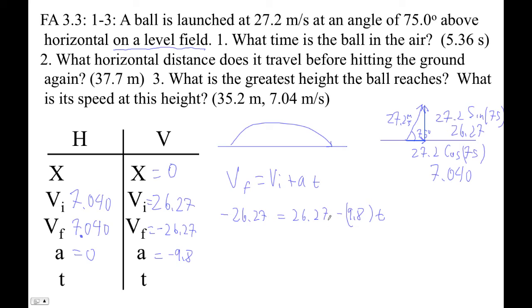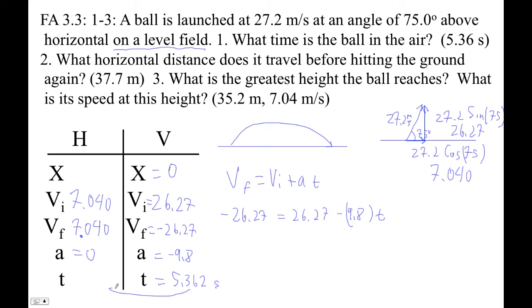Now we can solve for time. I'm going to add this onto the side, so we'll get twice 26.27, and then divide by 9.8. And I get 5.362 seconds. That's the time it's in the air.